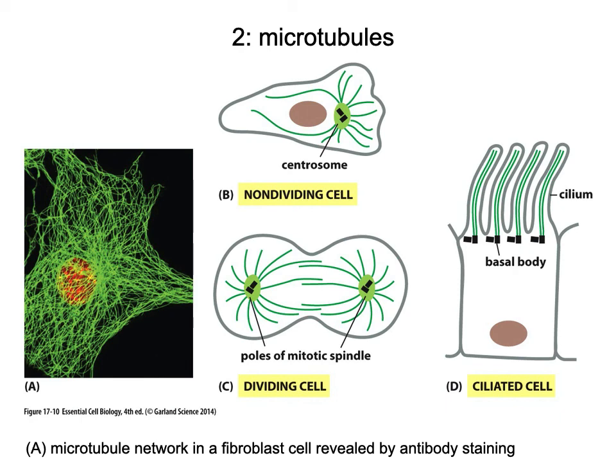So this is a better visual for panel A, because this is immunofluorescent staining for tubulin, and you can see all those thread-like structures, and that's going to make up this network that's going to allow for structural support, but also transport through the cell, right?